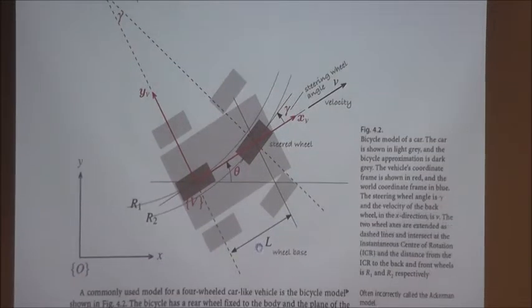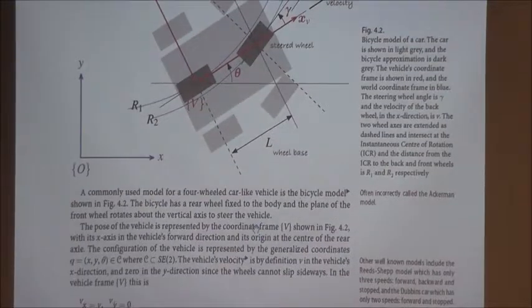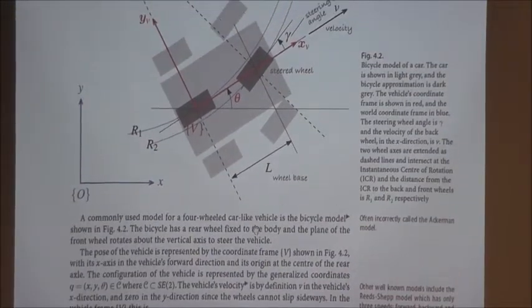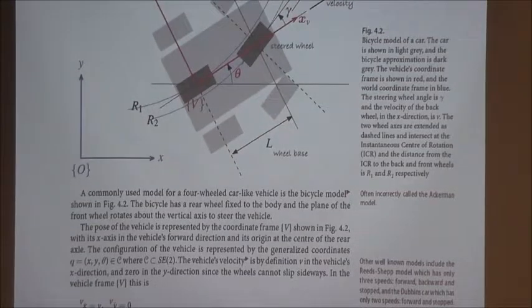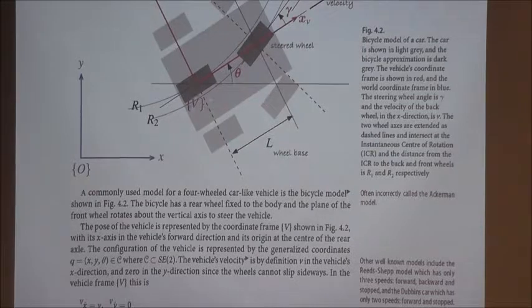So the velocity of the bicycle in the x and y direction are x dot and y dot with respect to the V coordinate system. Remember when we talked about the manipulator robot, we started from the base coordinate, went to the shoulder, to the elbow, and so forth. Same thing here.